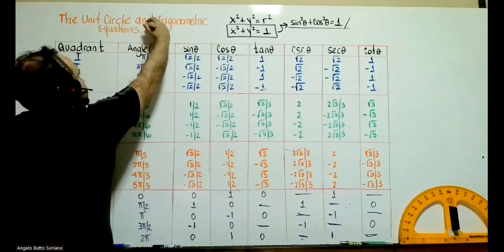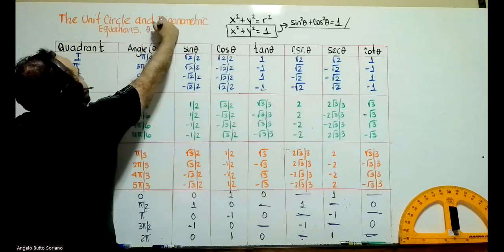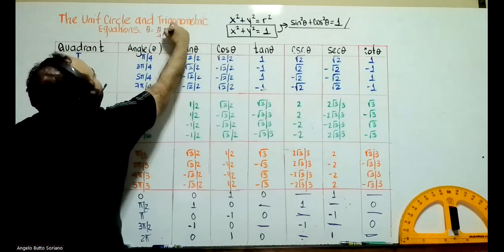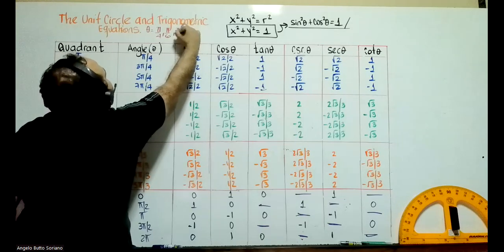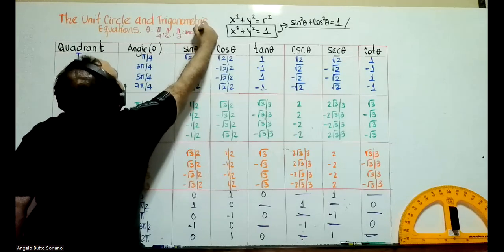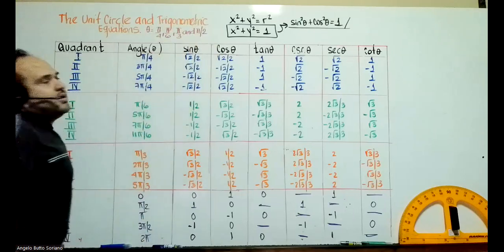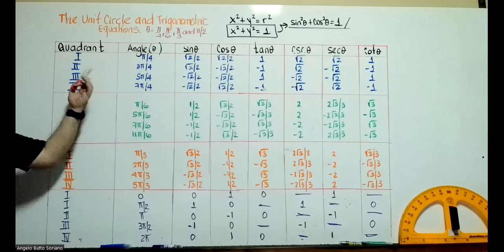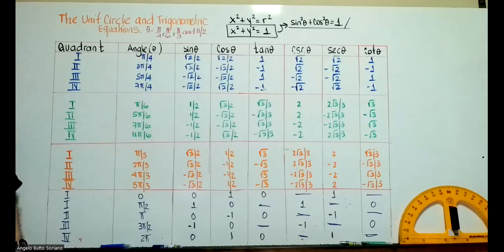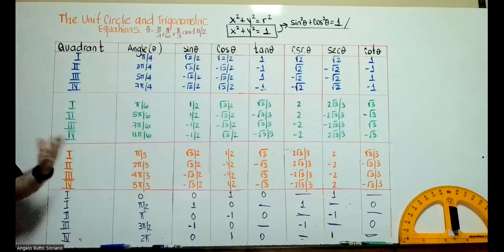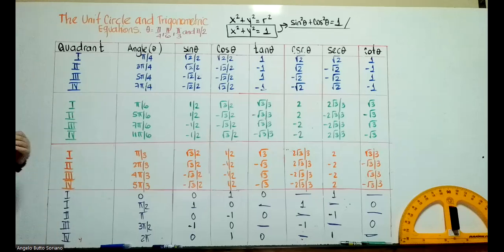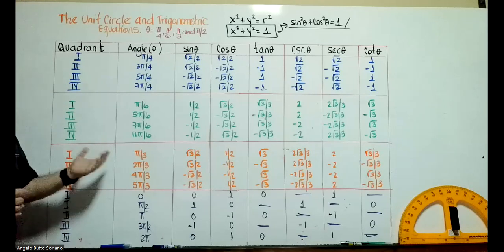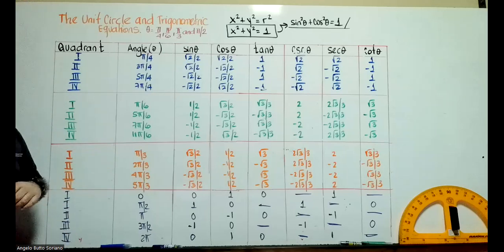The reference angles are given by pi over 4, pi over 6, pi over 3, and pi over 2 radians. Each of them belongs to one family that is located in the four quadrants of the coordinate plane, or on the unit circle. Remember, pi over 4 represents 45 degrees, pi over 6 represents 30 degrees, pi over 3 represents 60 degrees, and pi over 2 belongs to the family of 90 degrees.